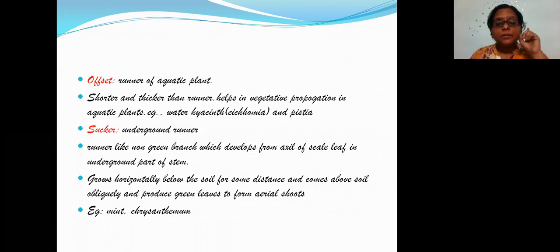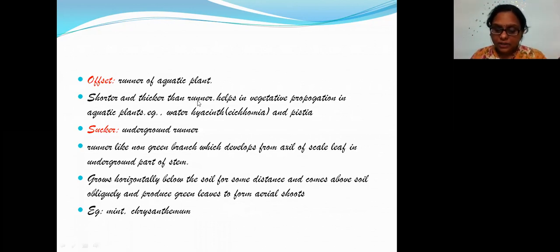Offset first. The major difference which differentiates offset from the other group is that it's a runner of aquatic plants. So you can see the offsets are mainly aquatic plants. Shorter and thicker than runner.